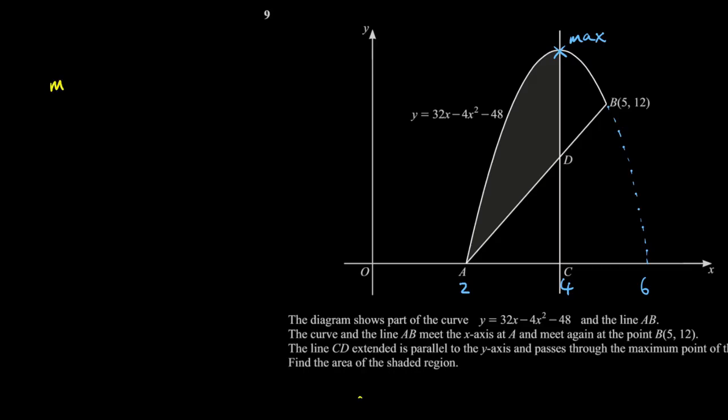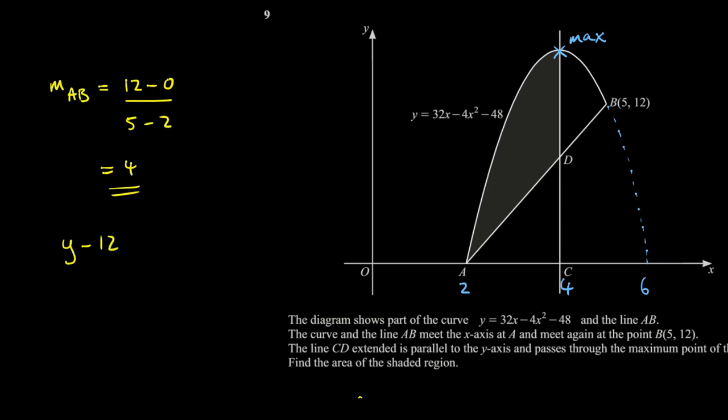So the gradient of the line AB is equal to y2 minus y1 over x2 minus x1. So we've got 12 minus 0 over 5 minus 2. So we've got 12 divided by 3. So that thing there is equal to 4. And we can substitute in y minus y1.